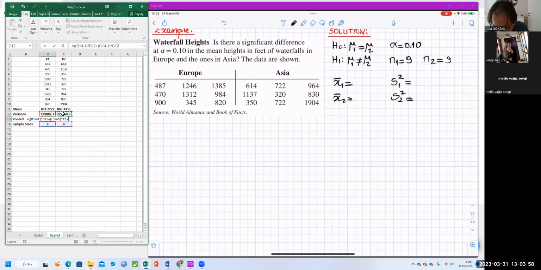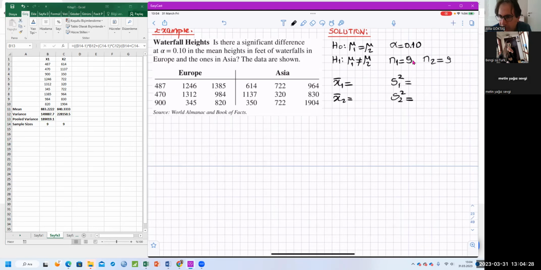Now I close the bracket and divide it by n1 plus n2 minus 2, B14 plus C14 minus 2. N1 is 9. That's how you get the pooled variance.